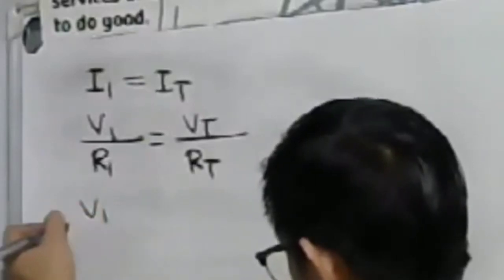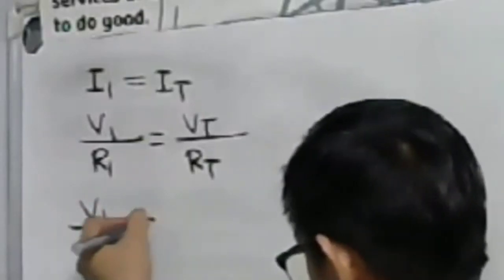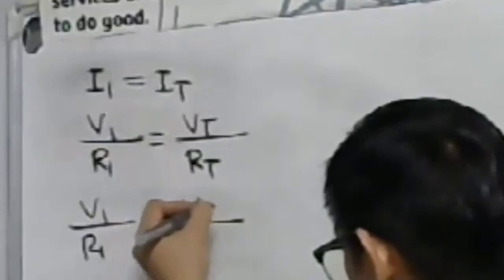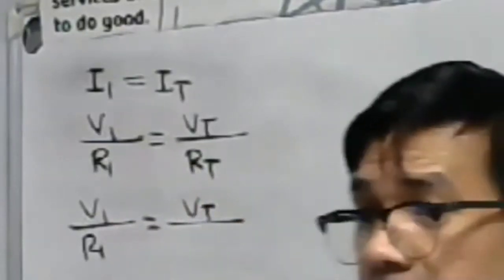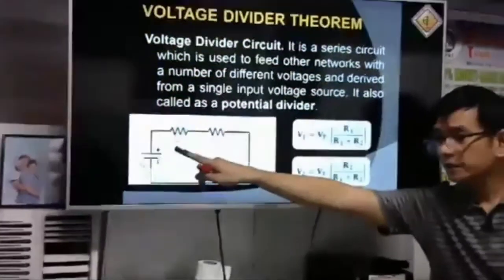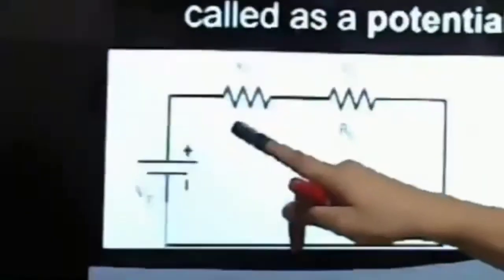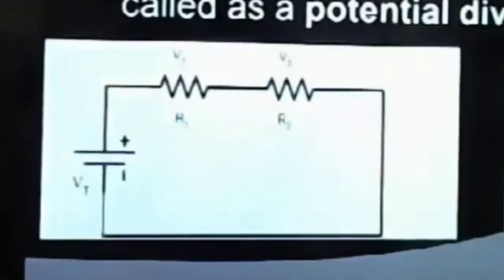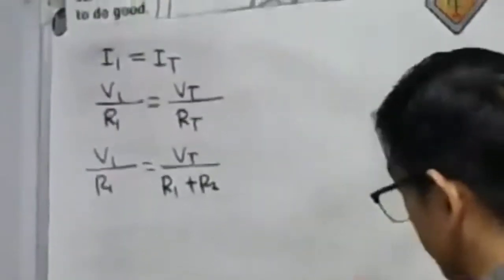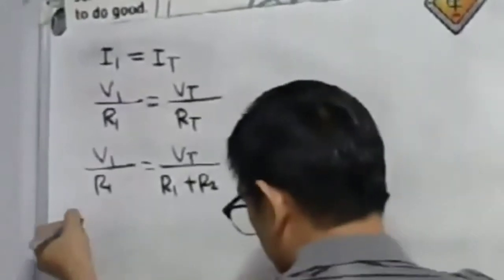So we have V1 over R1 equal to V total over R total. What is our R total in our circuit? Take note that our circuit is a series circuit, so we just add the two resistances, R1 plus R2. So let us get our V sub 1.